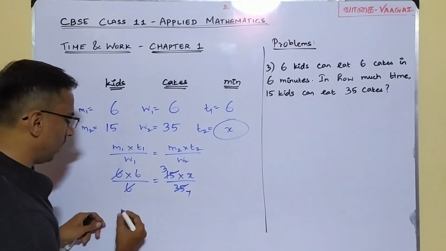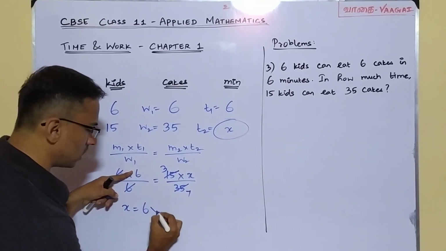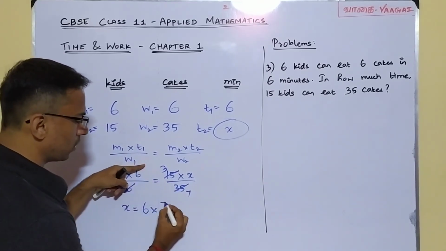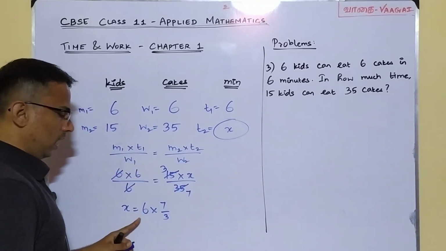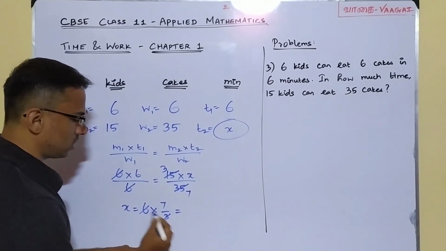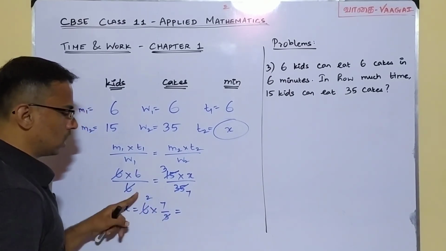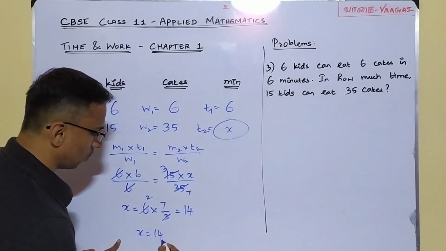Now in order to find the value of X, we have only 6 on this side. So 6 into this 7 will come on the numerator, and this 3 goes to the denominator. So we end up with 6 into 7 by 3, and finally we can simplify this. 3 2s are 6, so 2 7s are 14. So finally the value of X is equal to 14.